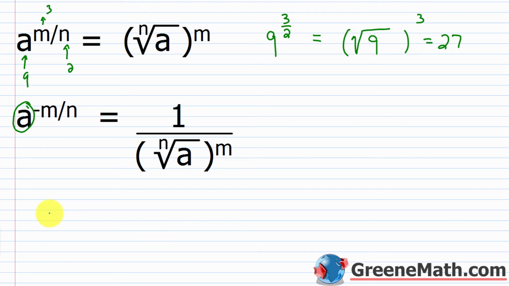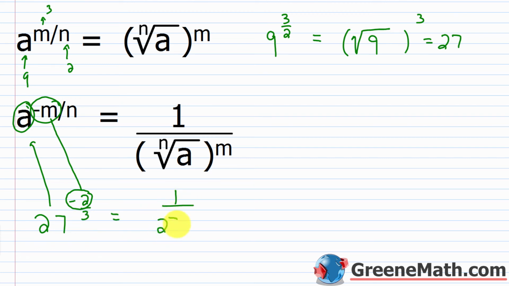As an example of this, let's say I saw something like 27 raised to the power of negative 2/3. So following this, 27 represents a, the negative 2, the whole thing, is representing the negative m. Or you could say 2 represents m and you have a negative out in front, however you want to think about that. Then n represents 3, okay? So if I translate this over here, I'd have 1 over 27 raised to the power of 2/3.